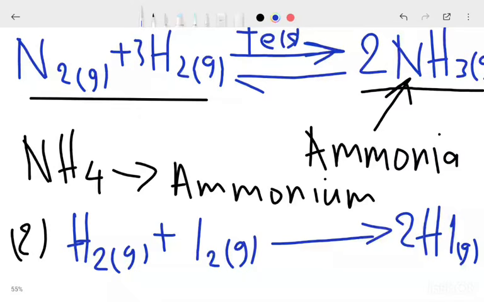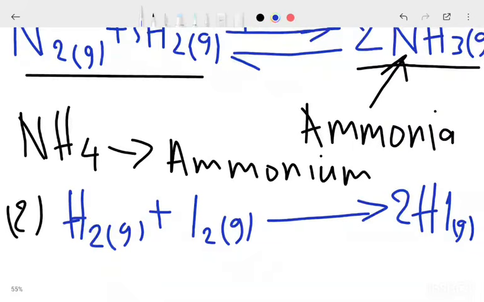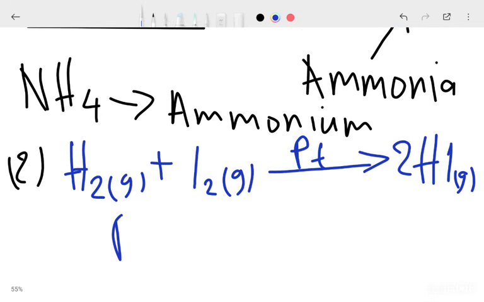Are you getting it? What is the full meaning of HI? Hydrogen iodide, right? Then the catalyst used is Pt, that is platinum. Okay, platinum. This is the spelling. Platinum. Okay, platinum.